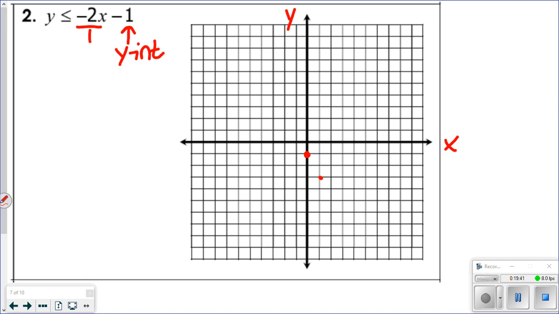So down 2/1. And then go the other direction, up 2/1, up 2/1.